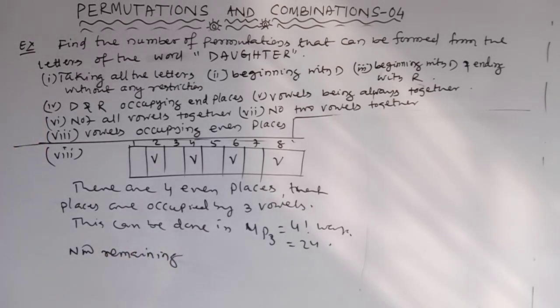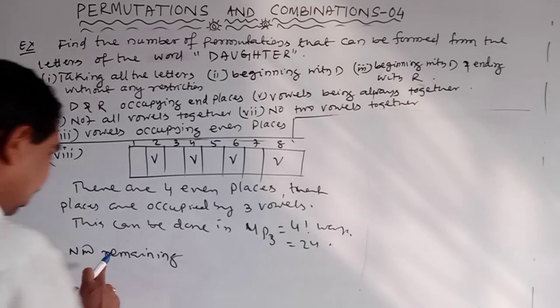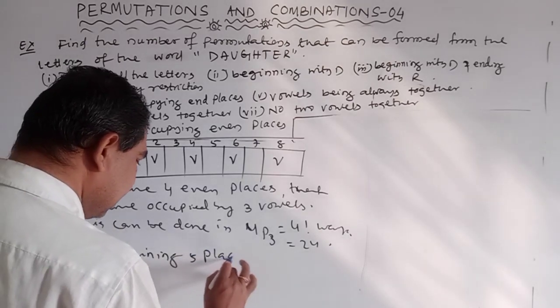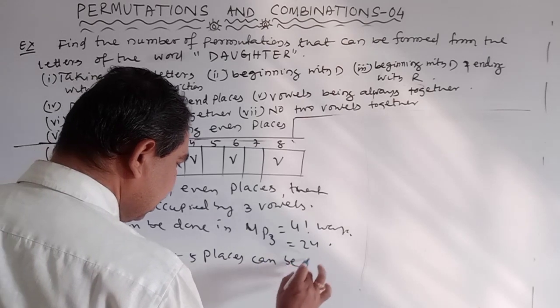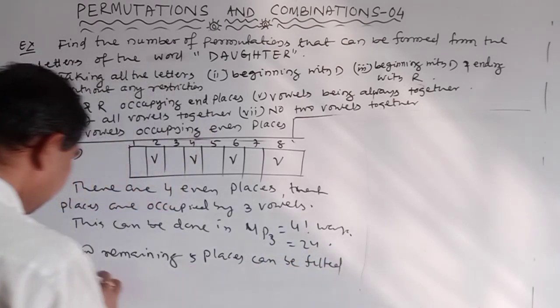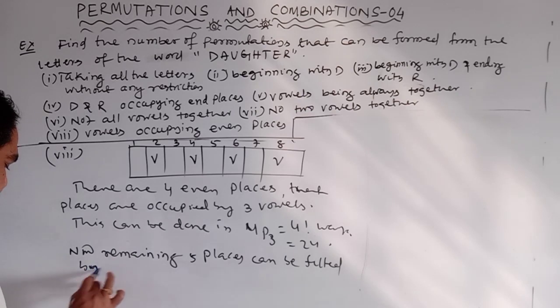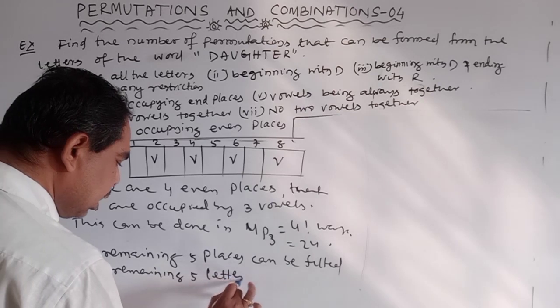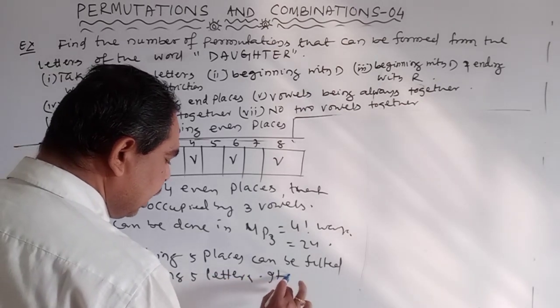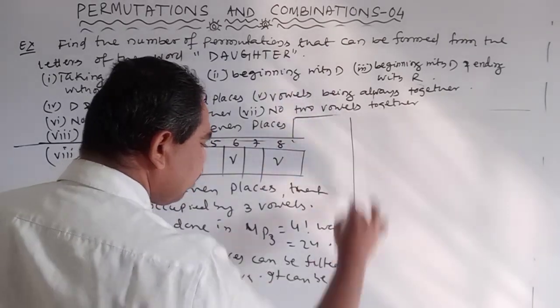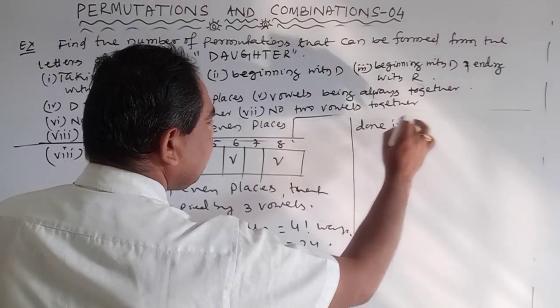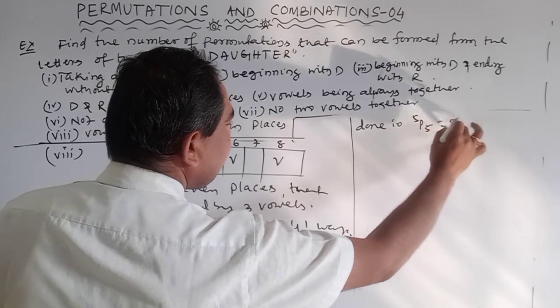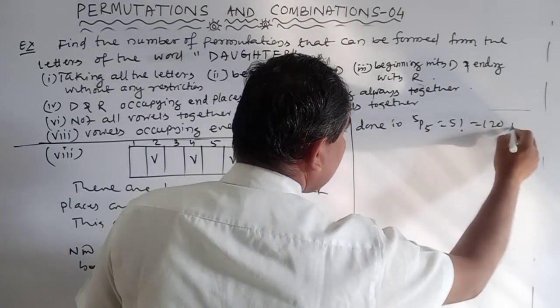Now the remaining 5 places can be filled by the remaining 5 letters. It can be done in 5P5, that is 5 factorial, which is equal to 120 ways.